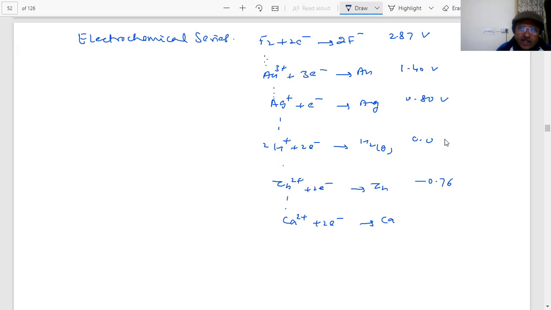Metals will have negative values of reduction potential because they have a strong tendency to lose electrons. Calcium is minus 2.87, and you have potassium. These values are available in the table given in the book, students. If we need, we can see them, but in the question papers they will give us the values of these.